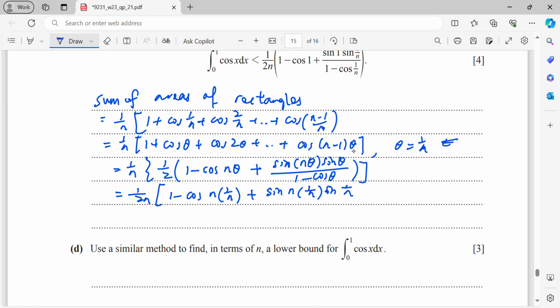Then sine 1 over n over 1 minus cos 1 over n. That means here I will be getting 1 over 2n, 1 minus cos 1 plus sine 1 over n over 1 minus cos 1 over n.